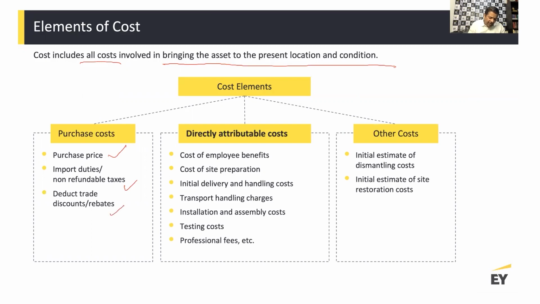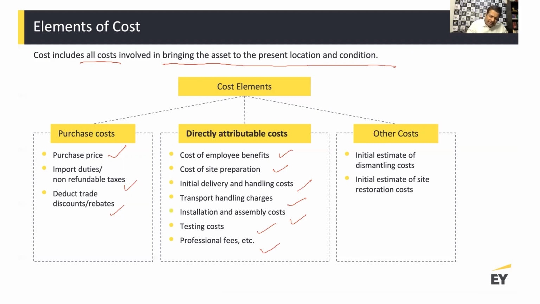If there are any discounts or rebates which have been given to you, you need to exclude those from the cost of the fixed asset. Similarly, the directly attributable employee benefit cost, the cost of site preparation, delivery and handling cost, transport and handling charges, installation and assembly cost, testing cost, professional fees, all of that is going to form part of your directly attributable cost.